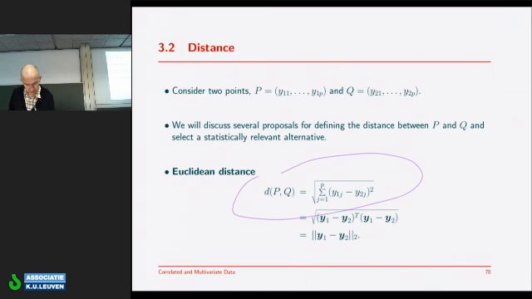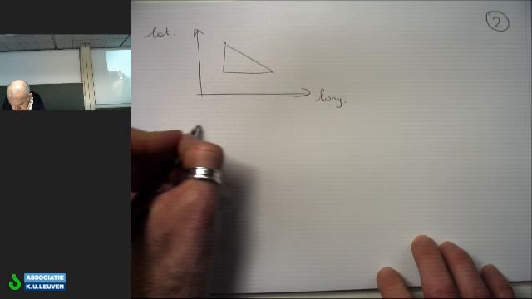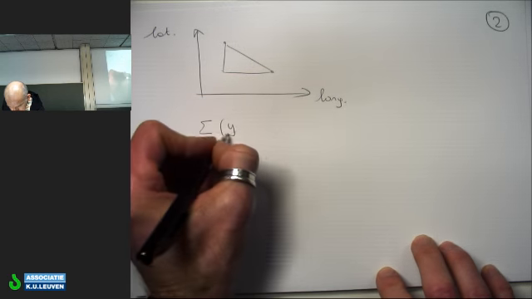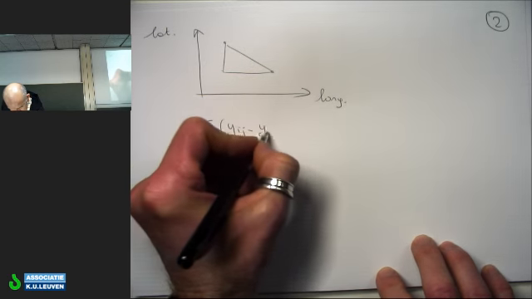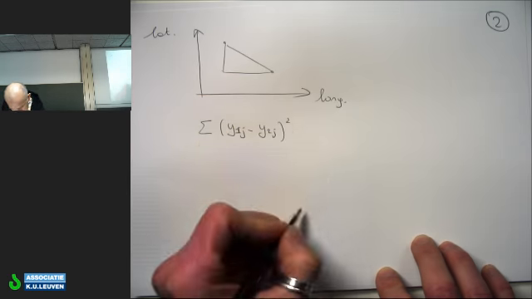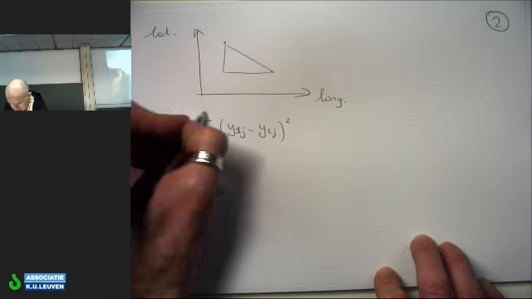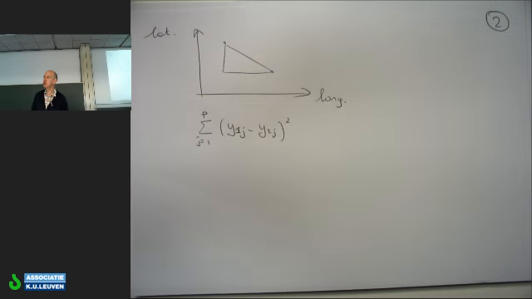To quickly illustrate what I wrote in the formula, the easiest thing is to say the distance is the sum of y1j minus y2j squared. That's a square distance, where j goes from 1 to 4 in the iris data set, p in general.